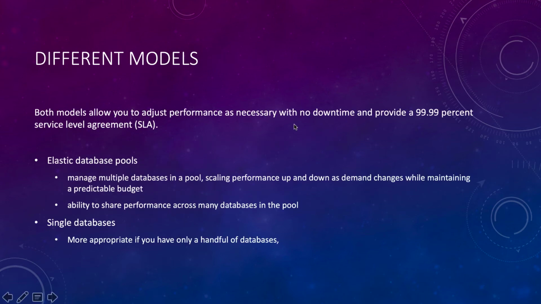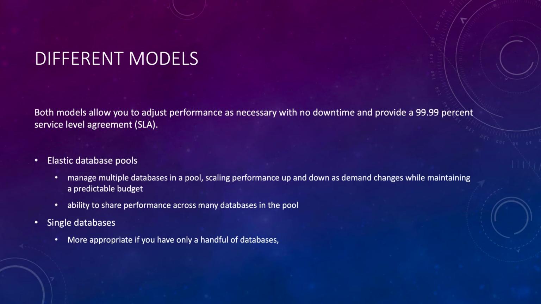SQL Database is available in two different yet similar models: elastic database pools and single databases. Elastic database pools enable you to manage multiple databases in a pool, scaling performance up and down as demand changes while maintaining a predictable budget.